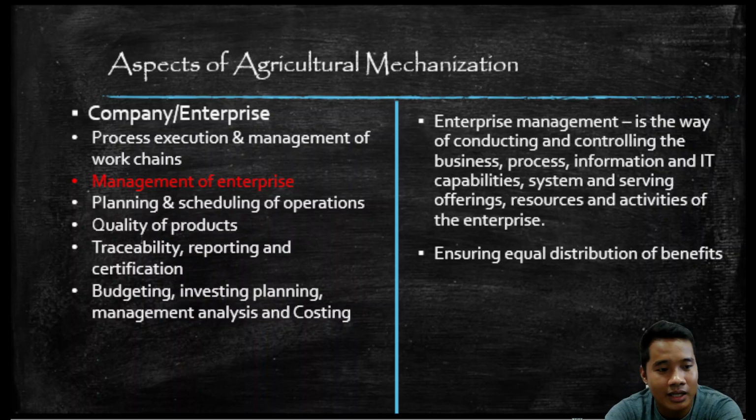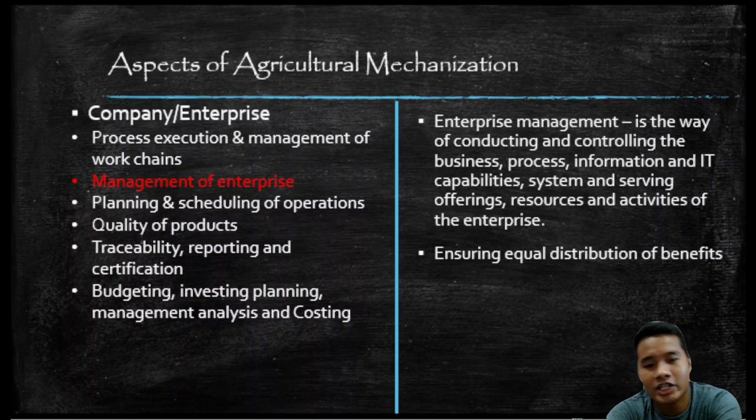Okay. Another one is how the business is working, how the process is working, how the information. Ito na yung sinabi ko sa inyo, dissemination of information. So may include yan sa enterprise management. Okay. On the designing, how the system works. Okay. Etc. On the resources, activities, and so on.